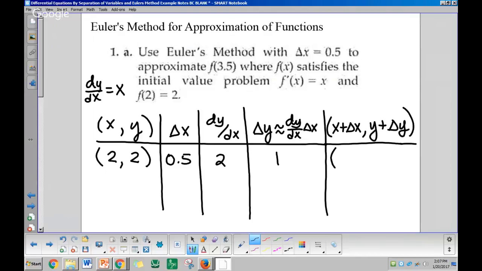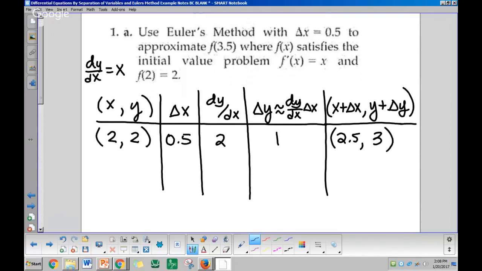And so the new point is going to be x plus delta x, which would be 2.5, and then y plus delta y, which would be 2 plus 1, which is 3. So do you see how my table kind of shows you where you're going and how you're using it?